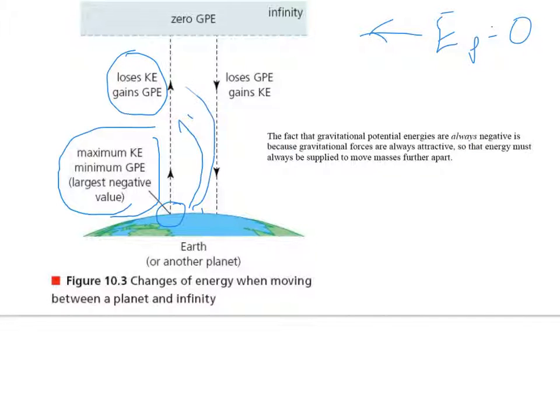However, as it increases and moves towards the infinity point, it must be increasing up into a maximum of 0. Now, the only way that you can increase the amount of potential energy up to a maximum of 0 is if we start with the largest negative value. So therefore, we use a minus sign to denote this.